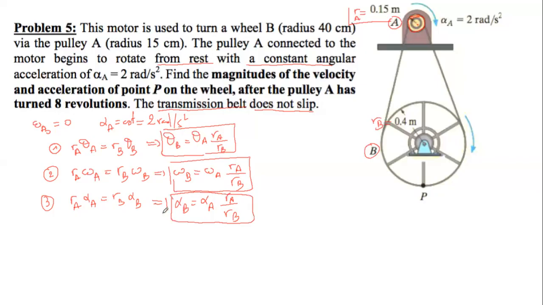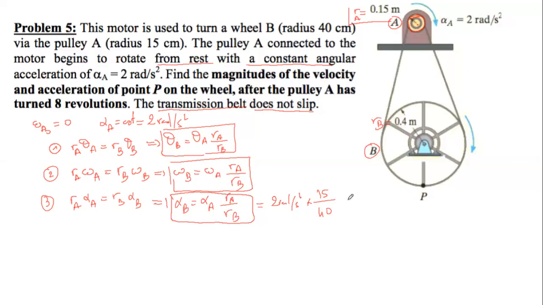Okay, great. So here we will have constant angular acceleration. If alpha A is constant and equal to 2 radians per second squared, we can calculate alpha B, which will also be constant. It will be alpha A, 2 radians per second squared, times RA, 0.15, divided by RB, which is 0.4. So I can just put 15 divided by 40.